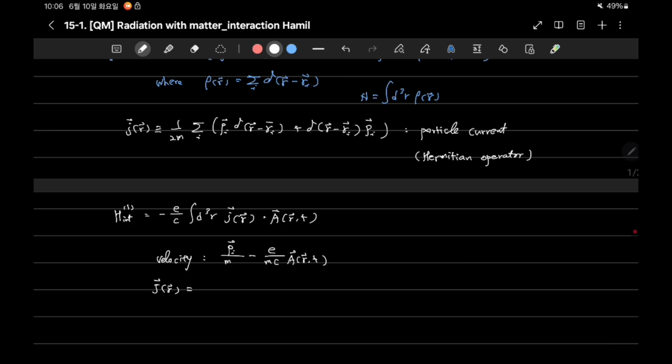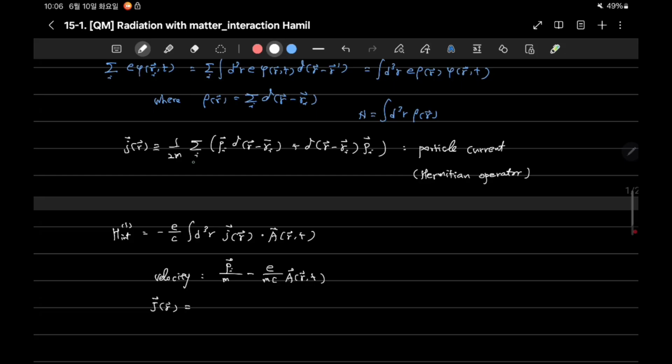One is coming from this P over m, so it is a kind of current, a kind of velocity.